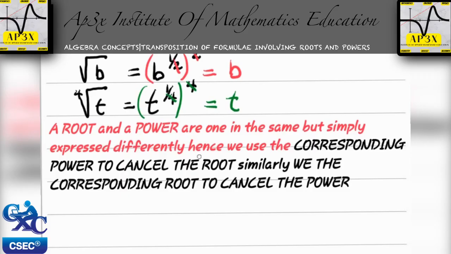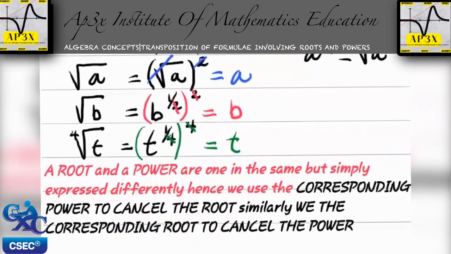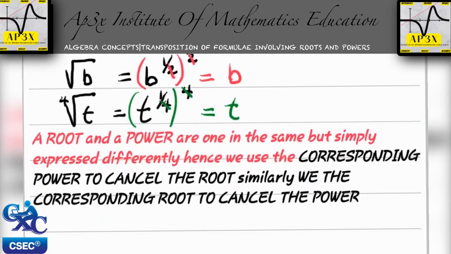So the basic rule that we're leaving, apart from all the different techniques I've shown you so far, is that if a power is connected, whatever the power might be, a square, a cube, a fourth power, a fifth power, then to isolate the power away from the variable or the required subject, we use the corresponding root, and vice versa. If the required subject or variable is covered by a root symbol, then we use the corresponding power.